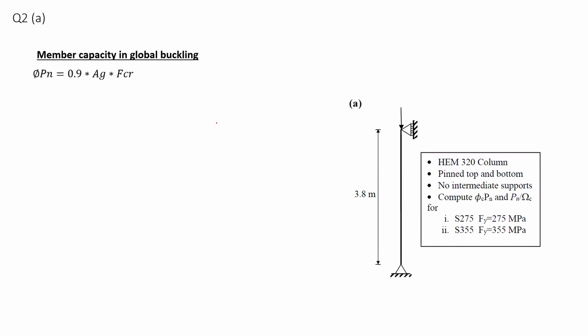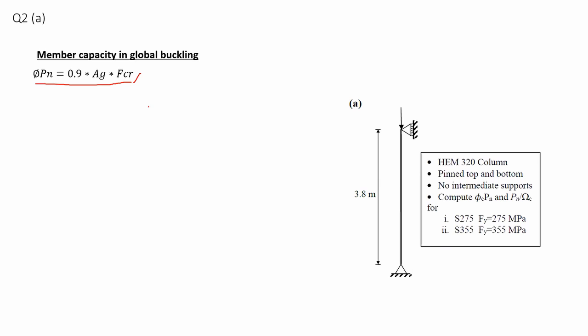That's why we usually get the capacity of a column from checking the global buckling. From this equation we can find the global buckling capacity, the compressive strength capacity for this column. It is according to LRFD, since we are multiplying by 0.9. Here we have gross area multiplied by Fcr. In this problem, we have to find Fcr in order to find the capacity.